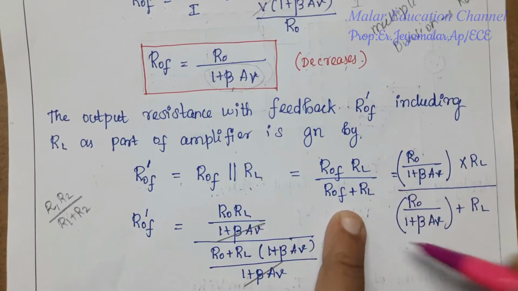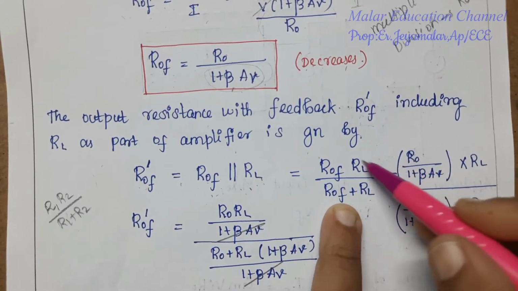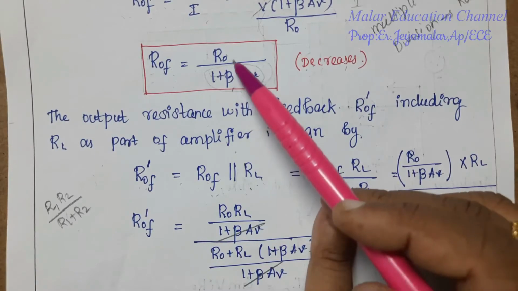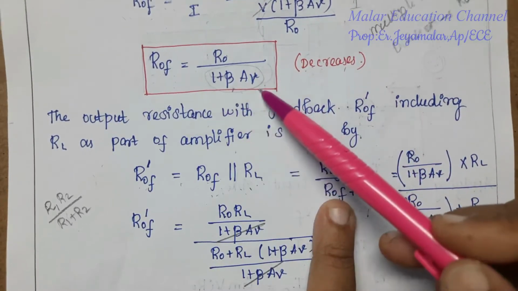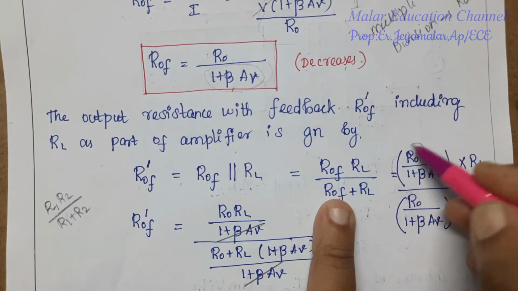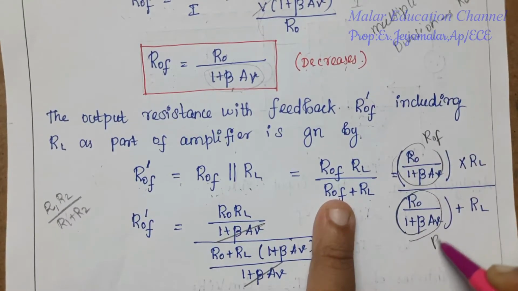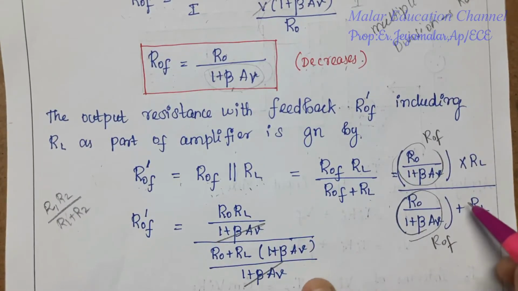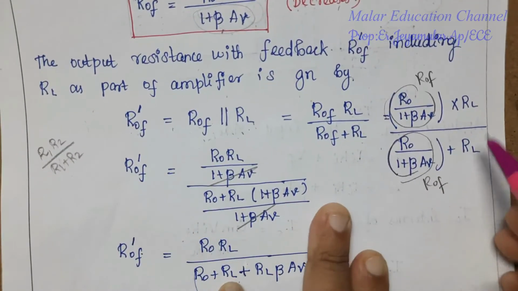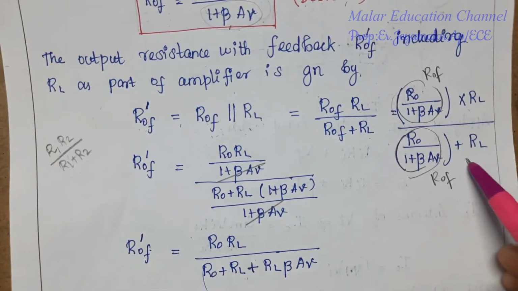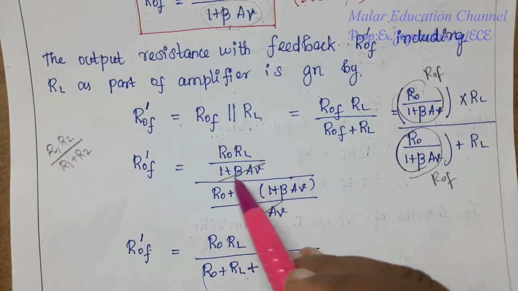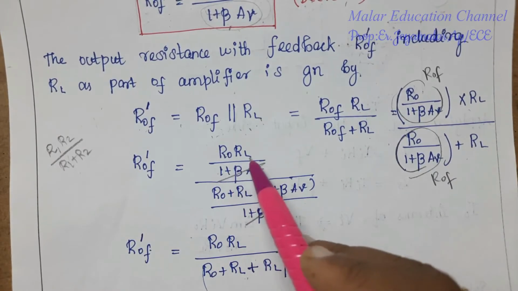Substitute the value of R0F. We know R0F equal to R0 divided by 1 plus beta into Av. Substitute it for the whole term R0F, here also. Next step, take the LCM for the numerator as well as the denominator. The numerator LCM is 1 plus beta into Av, and the remaining term is R0 and RL.